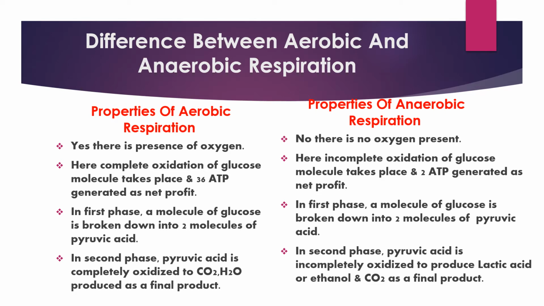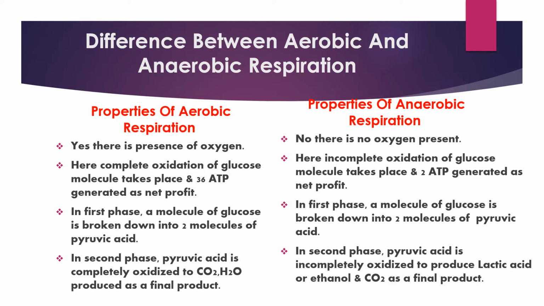The third property of aerobic respiration is that it takes place in two phases. In the first phase, a molecule of glucose is broken down into 2 molecules of pyruvic acid. Similarly, in anaerobic respiration, a molecule of glucose is broken down into 2 molecules of pyruvic acid.